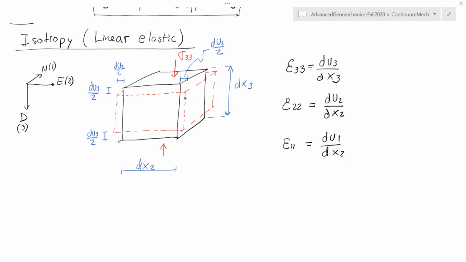All right, now that I have applied a stress and without any confinement from the sides, or without applying any other displacement or stress on the sides, this is freely deforming in directions 1 and 2. I can define the Young modulus.